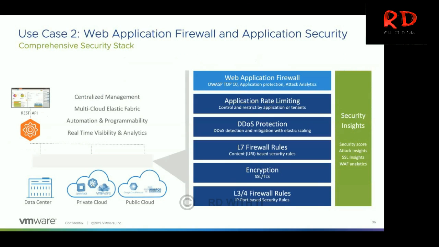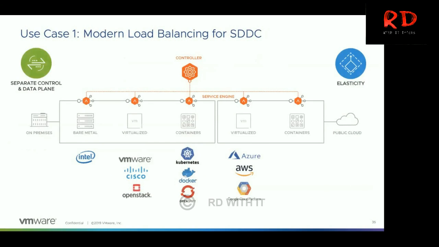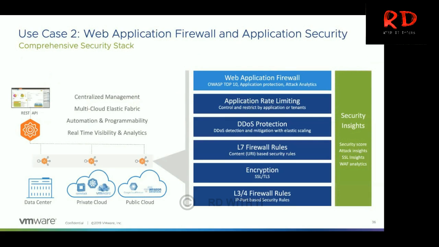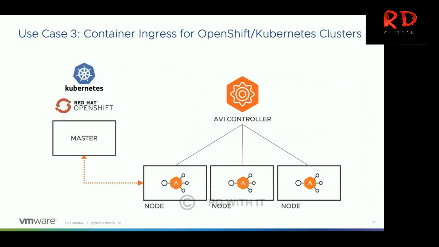So to start with, the first use case that we handle is just straight up load balancing. Right? That's what we're all kind of used to. We can do it for VM, container, across any type of environment. Second use case is WAF. So this platform does have WAF built in. And the third use case is container ingress.